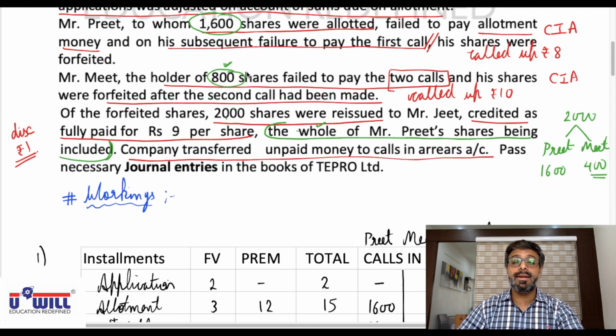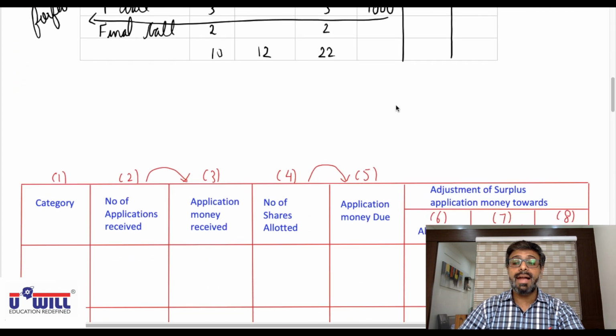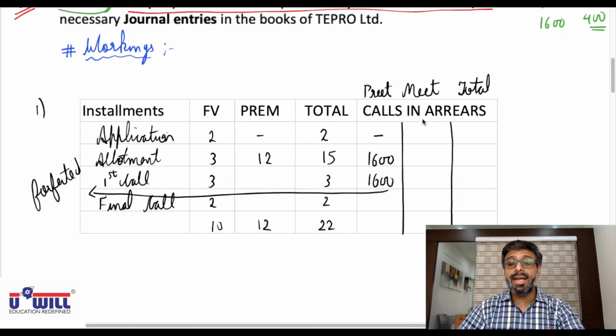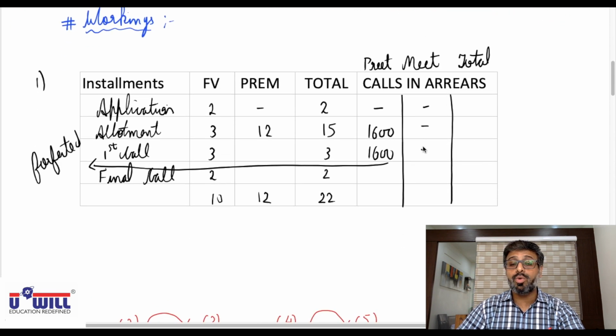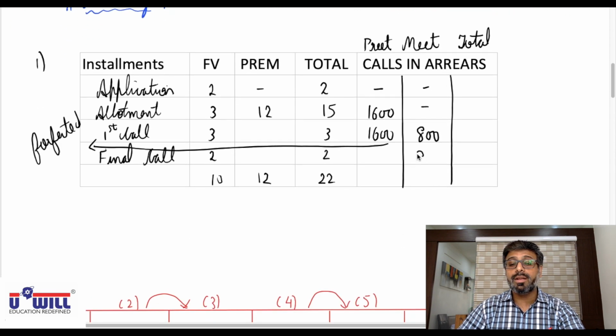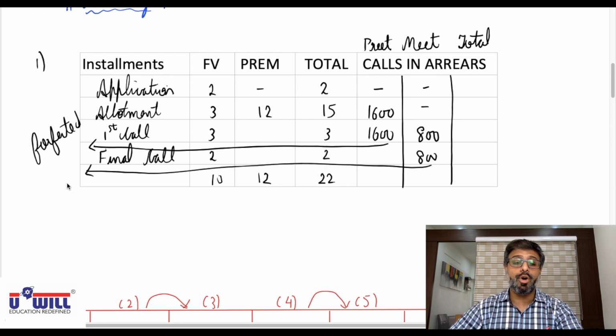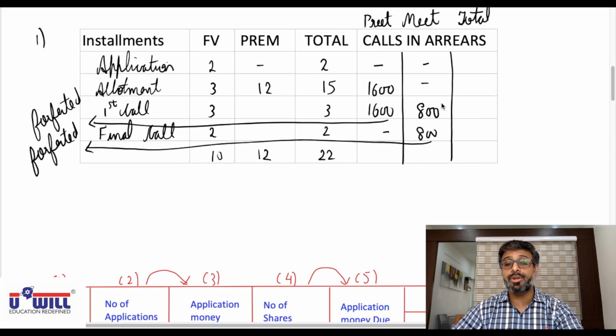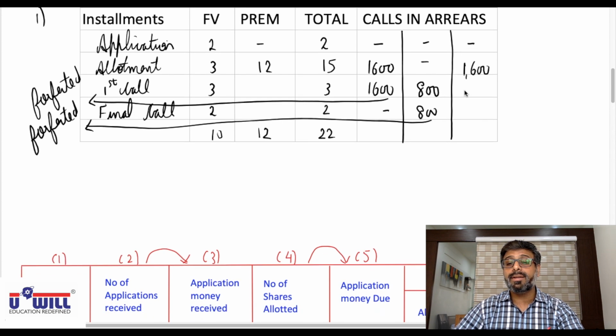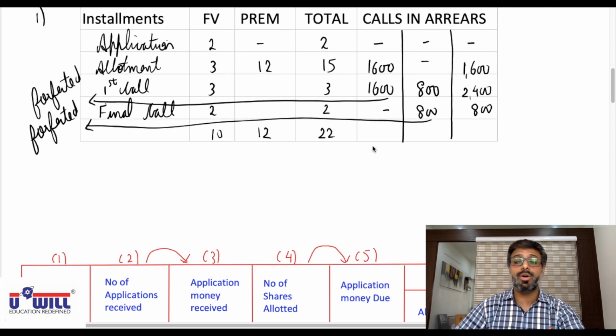Then Meet 800 shares failed to pay the two calls and his shares are forfeited. So 800 shares, Meet has not paid two calls. First call, final call, and after that forfeiture. Similar to question 13, so all of you must be able to try on your own. 1600 calls in arrears in allotment, 2400 in first call, 800 in final call.